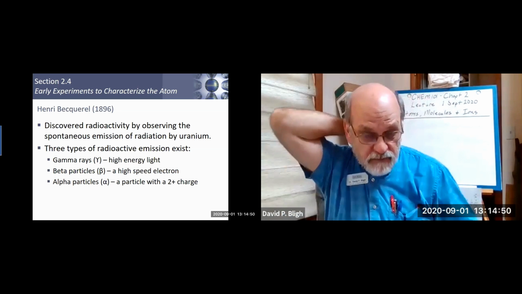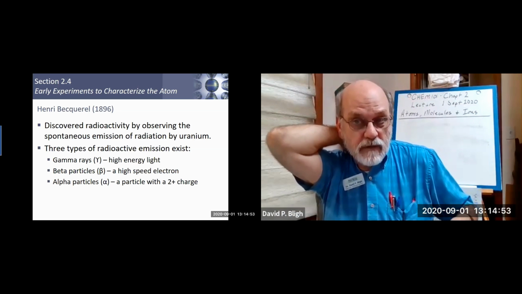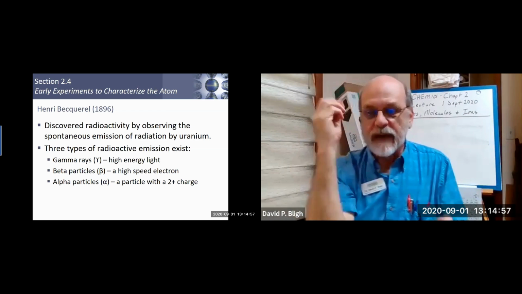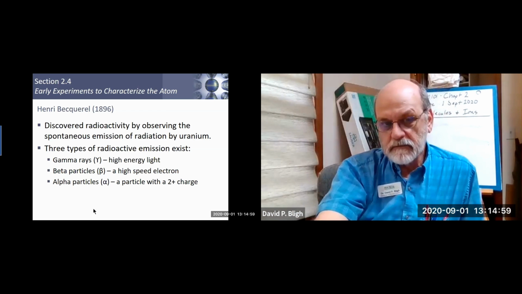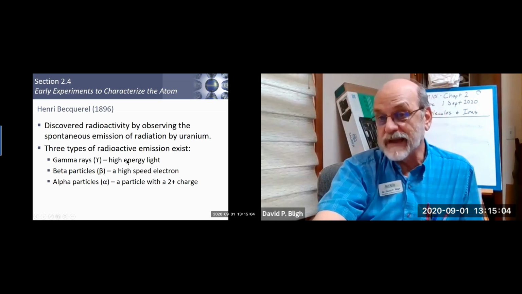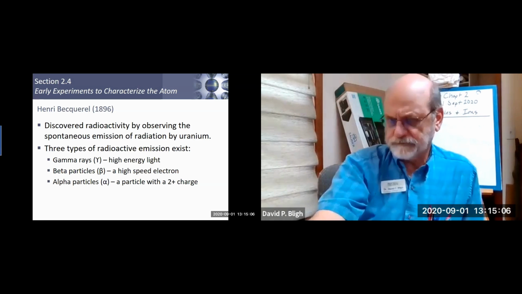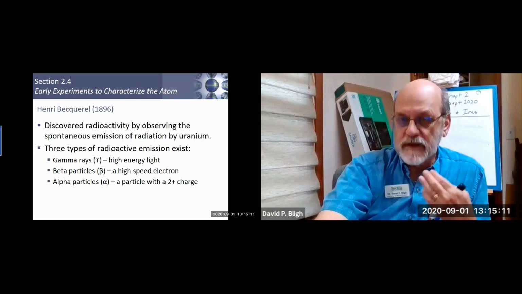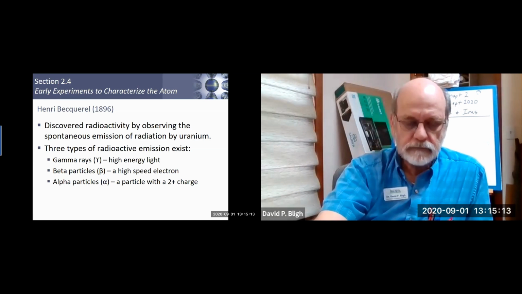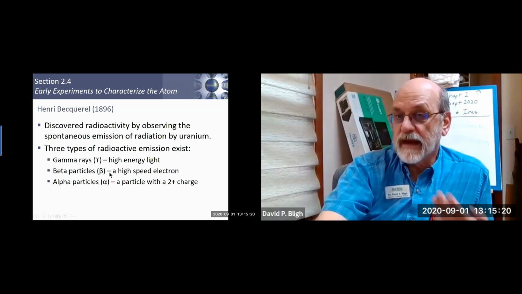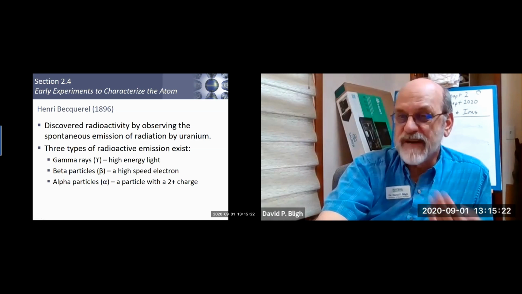Eventually, three main types. There are lots of different types of radiation, but these are the main types. Gamma radiation, which is basically high energy light, very low wavelength, high energy light beam, which originates from the nucleus of an atom. The other two are particles. Beta particles are nothing more than electrons that are moving at very high speed.